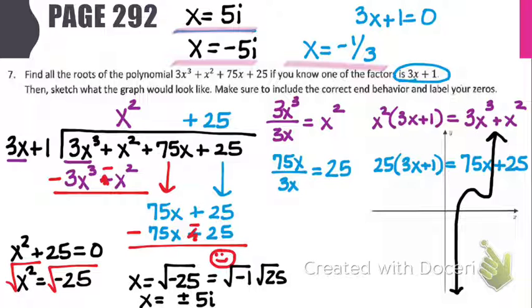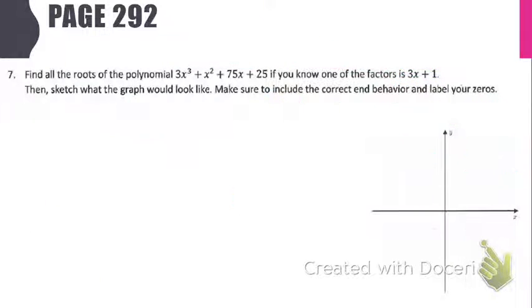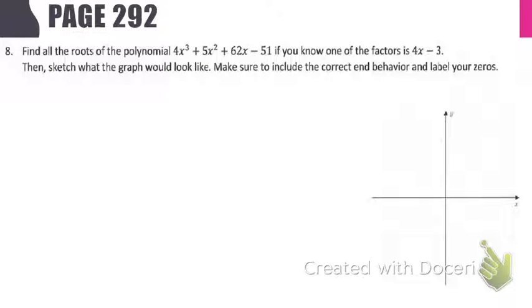Okay, we have one more for today, and then we will start getting ready for our final. Let's look at question number 8, and we're going to do long division again. So let's set it up. 4x minus 3.